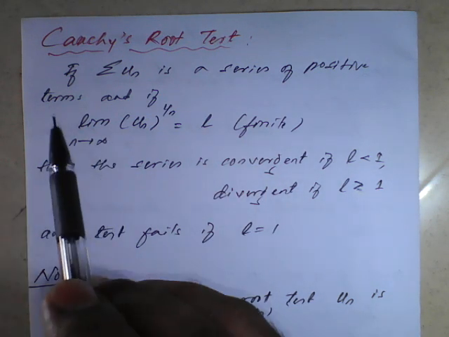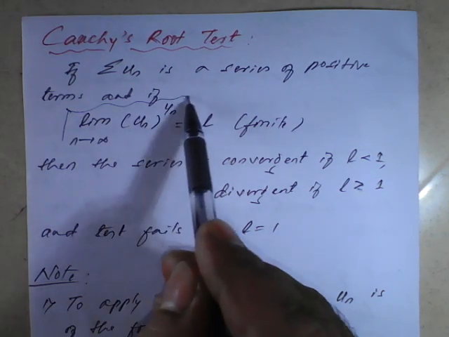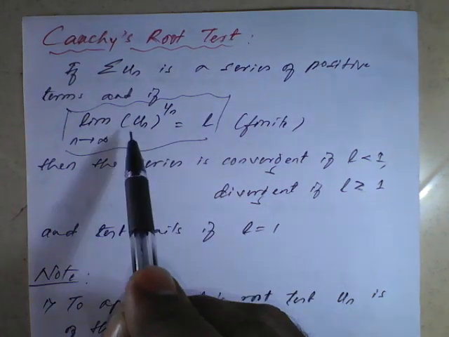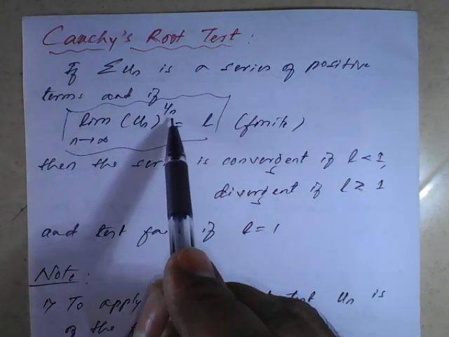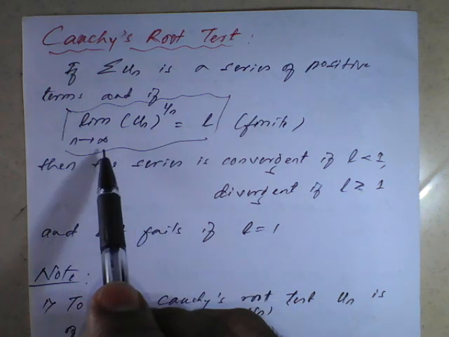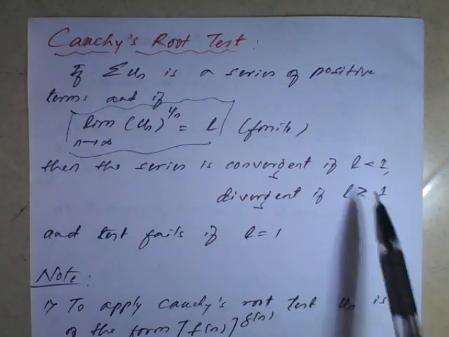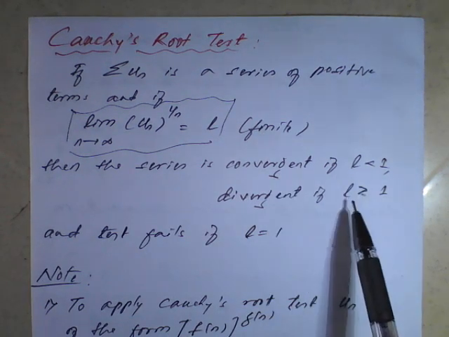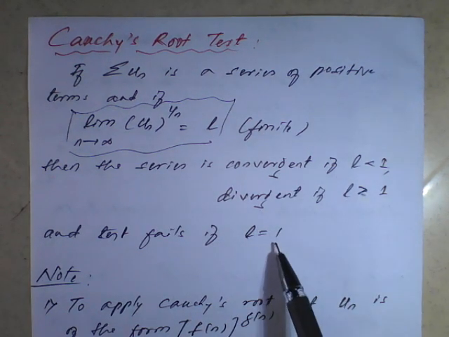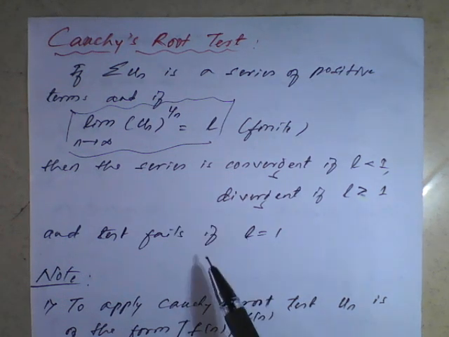What Cauchy's test says here is: limit of un raised to 1 upon n as n tends to infinity, you are supposed to get L. If it is less than 1, convergent; greater than 1, divergent; if it is equal to 1, the test fails.